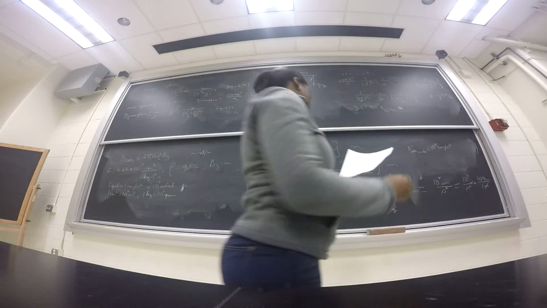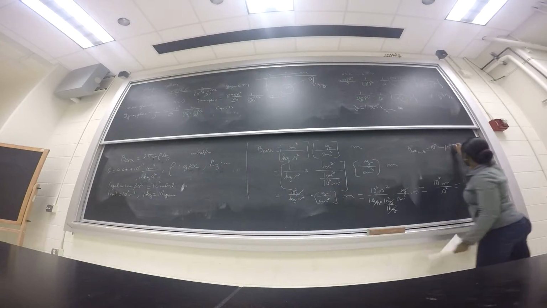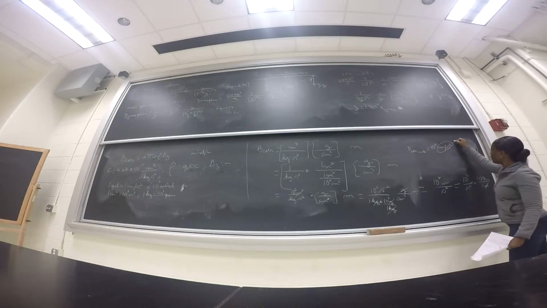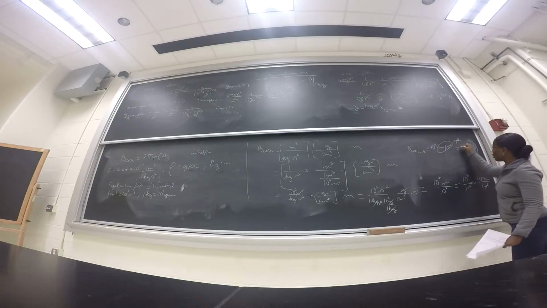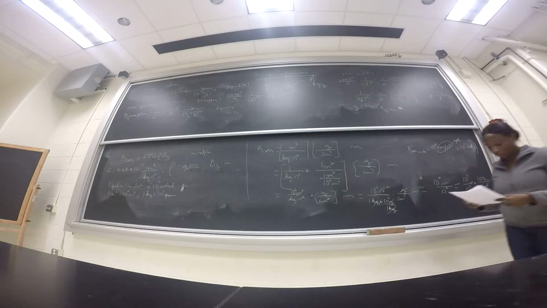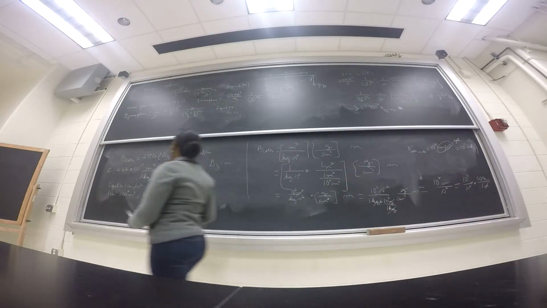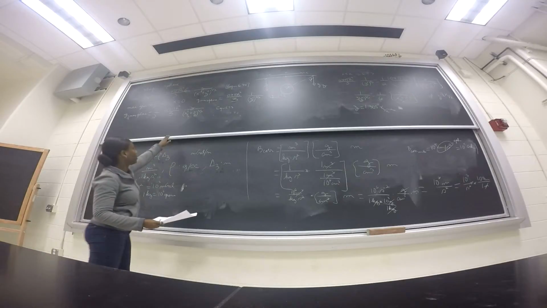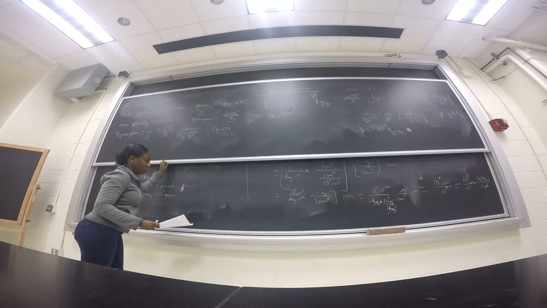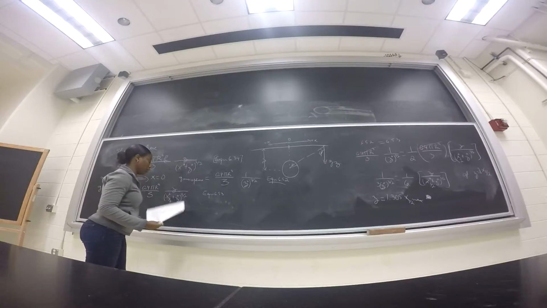Okay, so now the next step: remember that this is Gauss, so it's also equal to 10 to the 5 Gauss. Next, we want to see how we got the derivation.